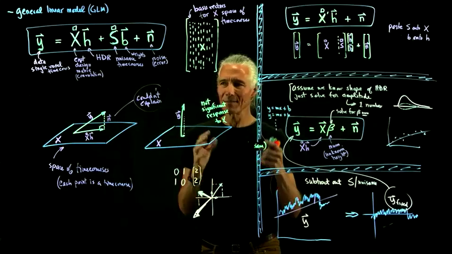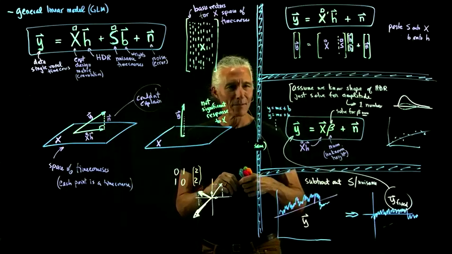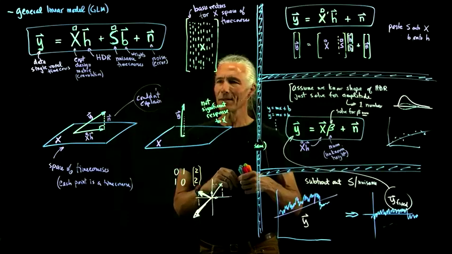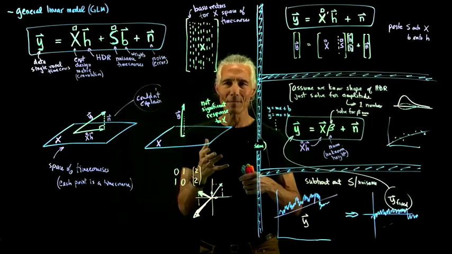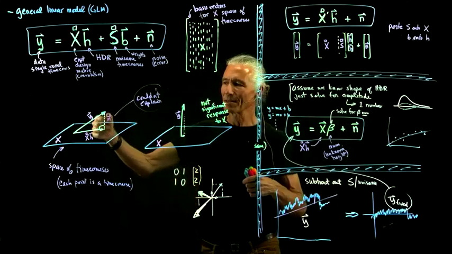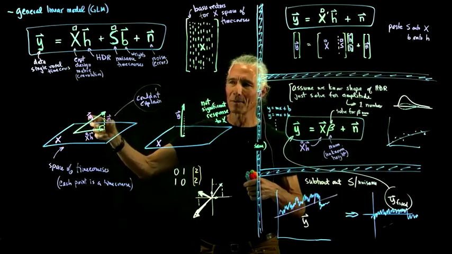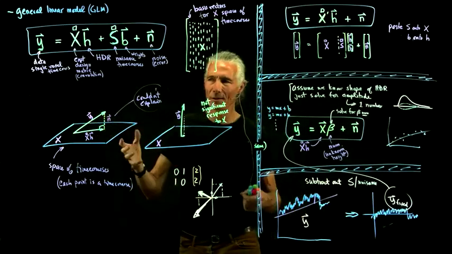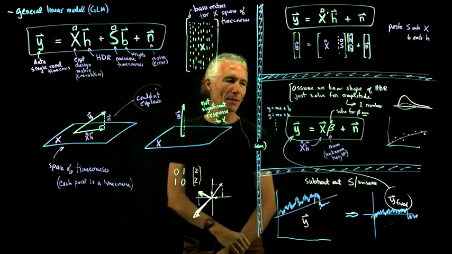Okay, so any questions, even going back to the very beginning, about the general linear model? If you look at the 8 a.m. lecture, you can see how you can deal with this problem in more detail to actually calculate an F ratio or a significance out of your data.